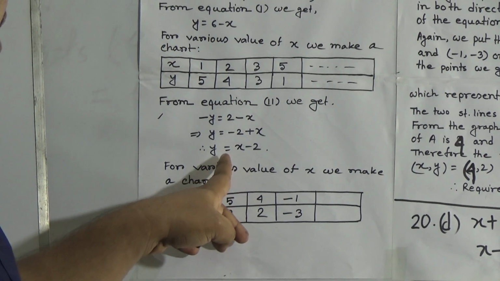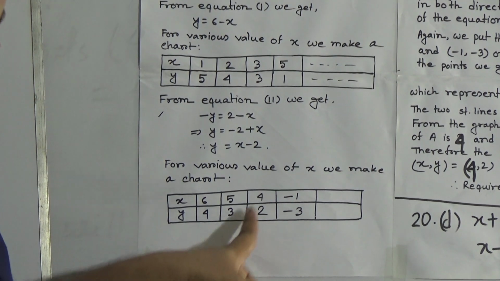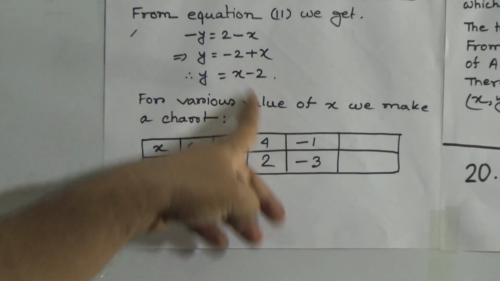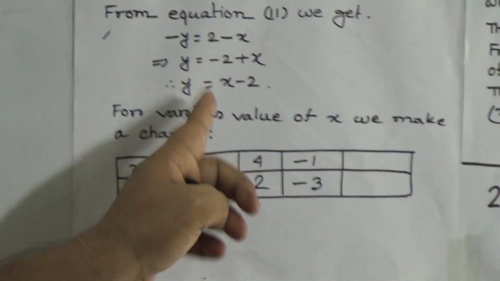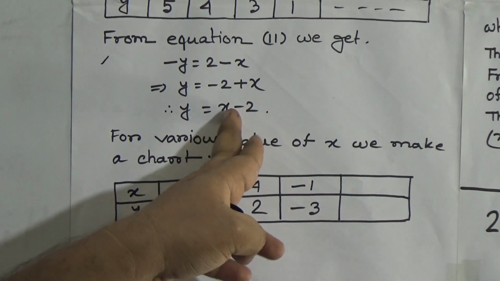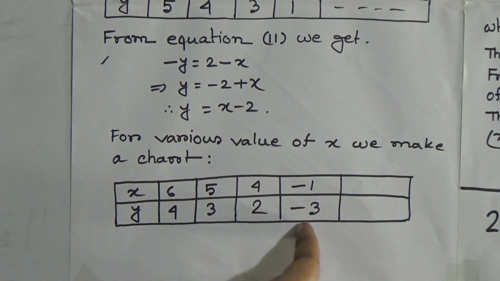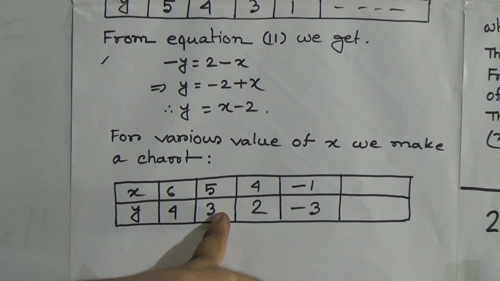Similar way, if we put x equal to 5 in this equation, we get y equal to 3. If we put x equal to 4, we get y equal to 2. If we put x equal to minus 1, we get y equal to minus 3. So from this chart we get another 4 points. These are (6, 4), (5, 3), (4, 2), (minus 1, minus 3). I hope you have understood.